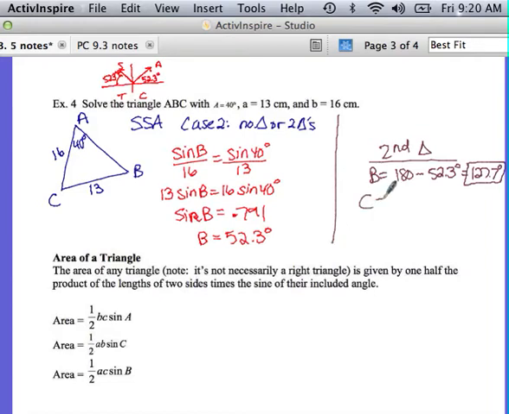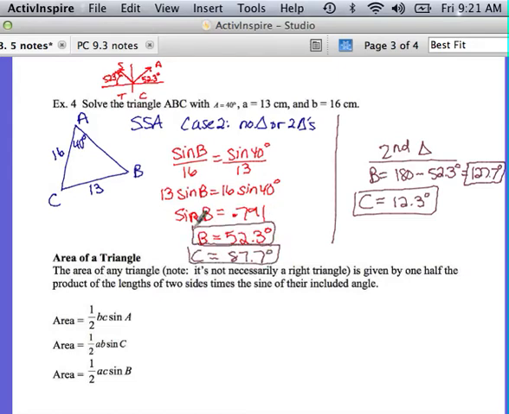So if I want to find angle C in my second triangle, I take 40 plus 127.7, add those together, subtract from 180. So angle C is now 12.3 degrees. In my first triangle, I would take 40 plus 52.3 degrees and subtract that from 180, and I get 87.7 degrees.